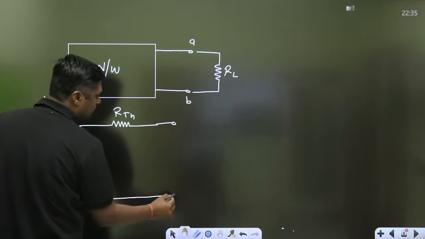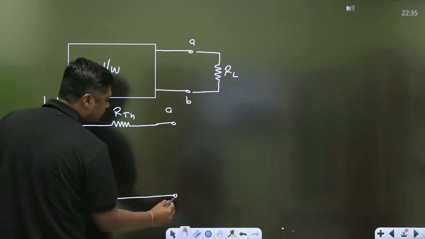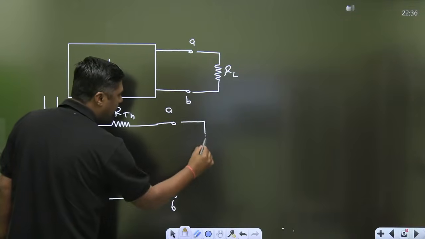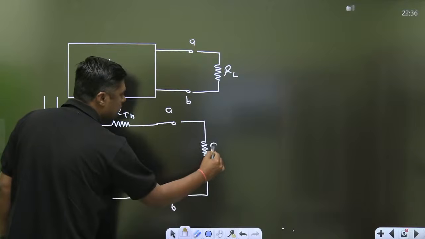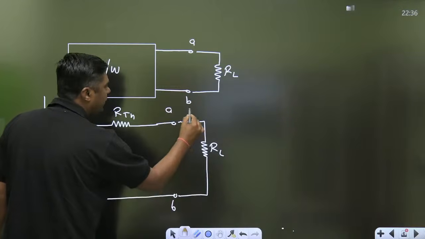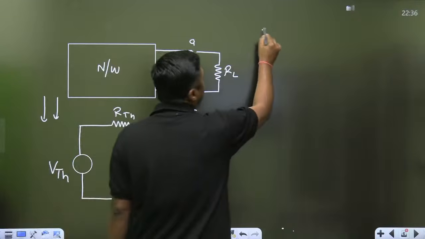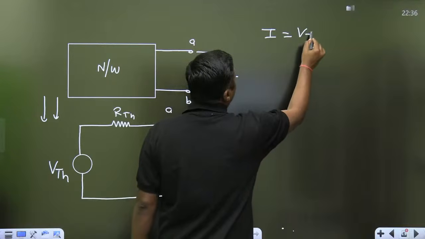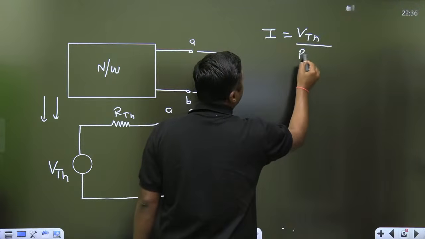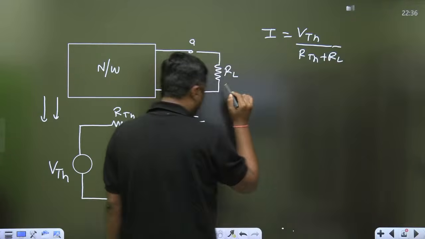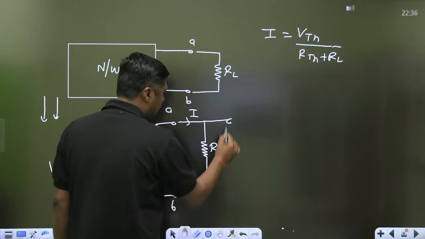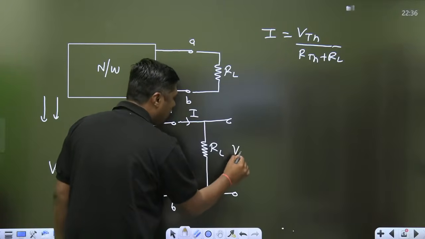Once you find that Thevenin's equivalent, you connect this RL and directly find the current I, that is I equals VTH upon RTH plus RL, and then you can find the voltage across RL, I into RL.